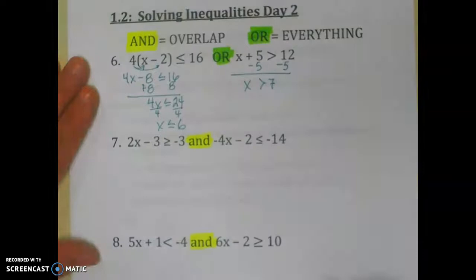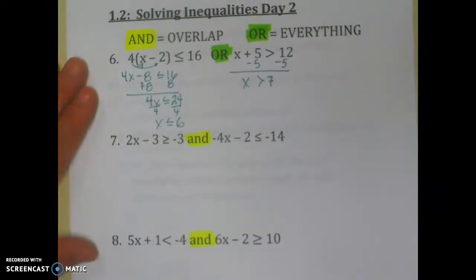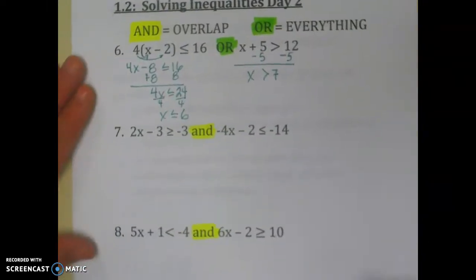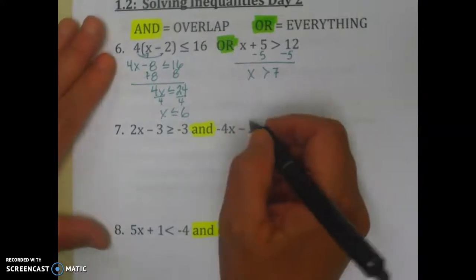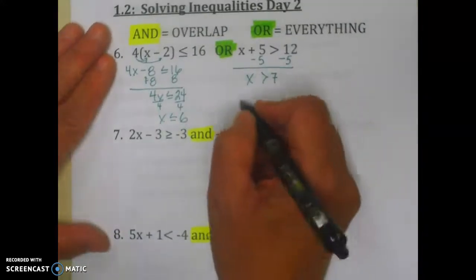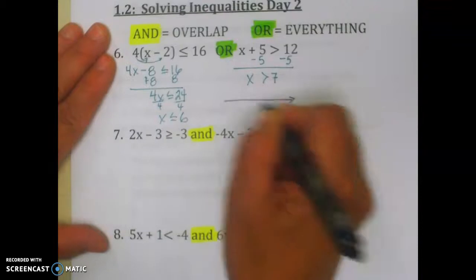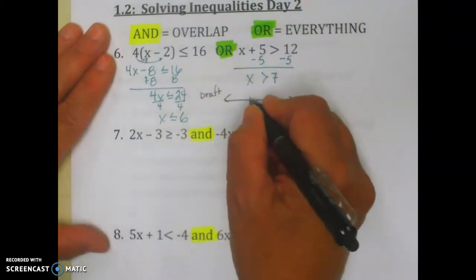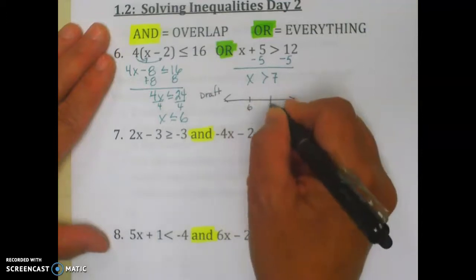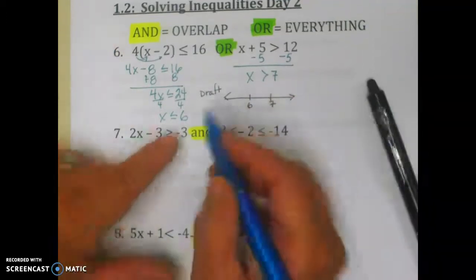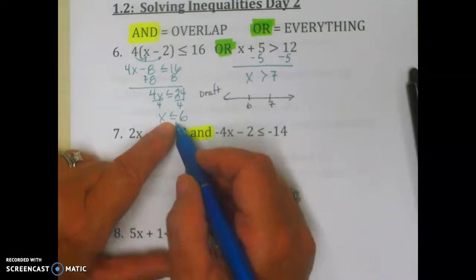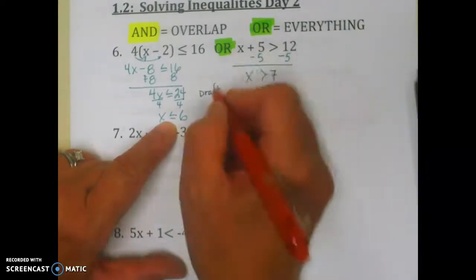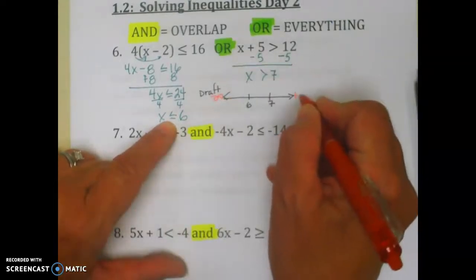Okay? And when we do this, I'm going to have you do basically two-step graphing. All right? And sometimes it's not going to make a difference, and sometimes it is, but I want the system to be the same, just so you get it right. So this is what I'm going to call my draft. I have 6 on this side, 7 on the other. So first I'm just going to look at this one. If x is less than or equal to 6, remember we have negative infinity and positive infinity.